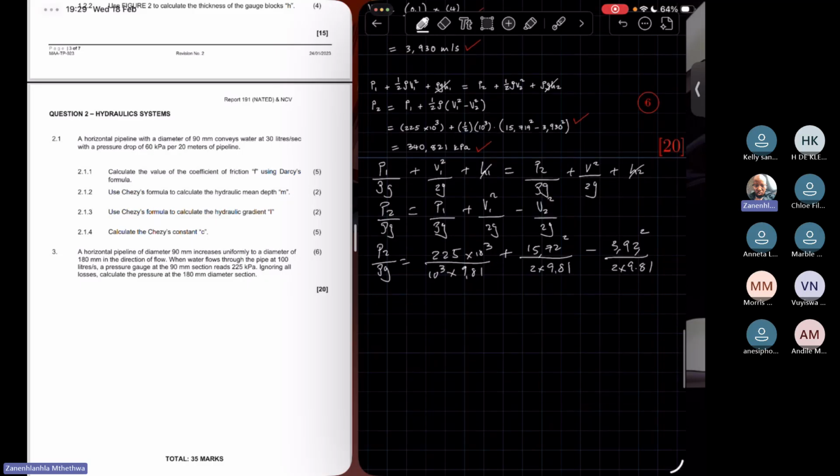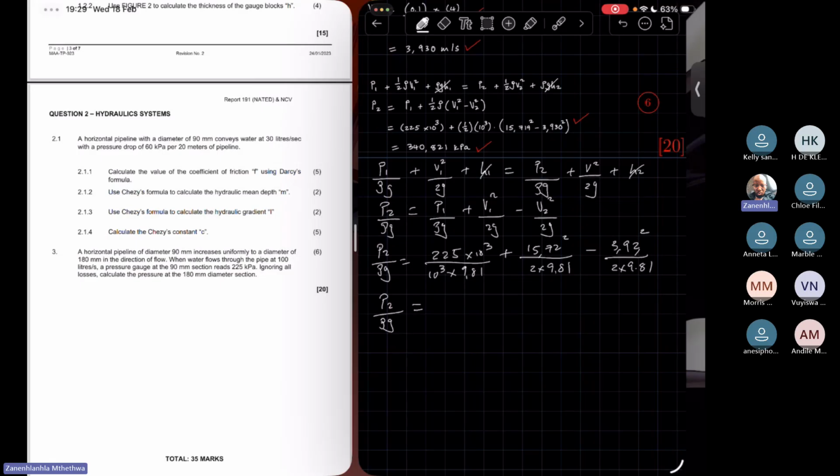Right, let's first take care of the right hand side. On the left hand side you still have P2 over rho g, and on the right hand side you have 225 times 1,000 over 1,000 times 9.81, plus 15.72 squared over 2 times 9.81, minus 3.93 squared divided by 2 times 9.81.